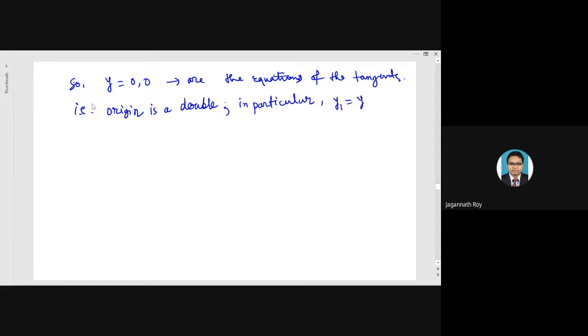Let us call the tangents y1 and y2, both 0. They coincide. In particular, the origin is a cusp, since the tangents coincide.